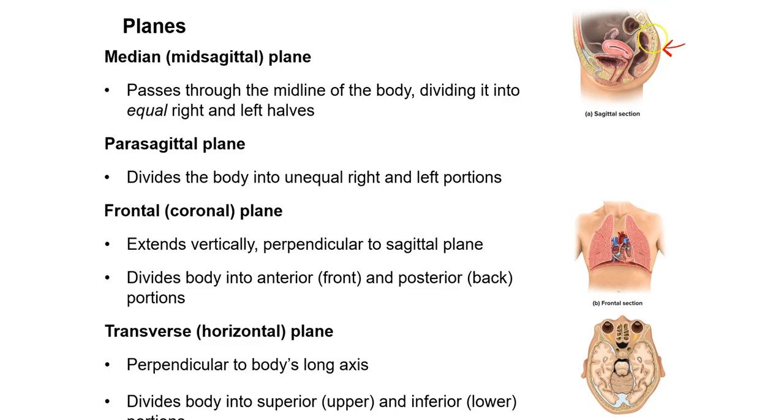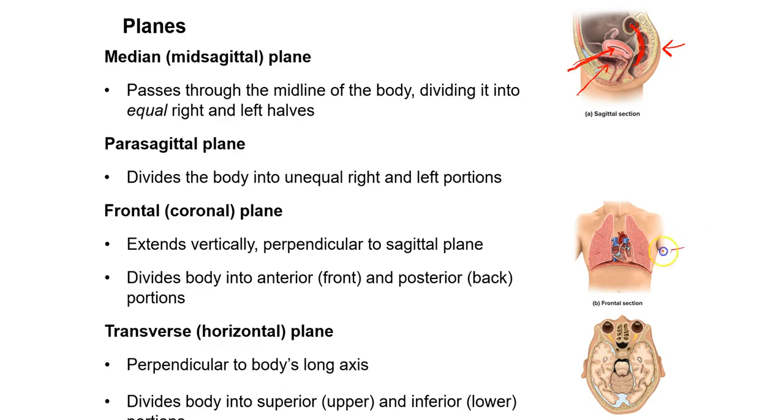But you can see that once we cut this patient into this mid-sagittal plane, we can actually see the organs on the inside. This is part of the digestive system. This is the urinary bladder. This is the uterus. So you can actually begin to identify different parts of the body by cutting the body into sagittal planes.